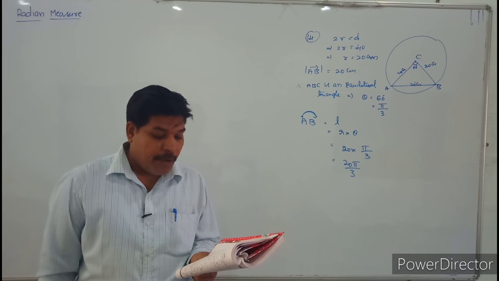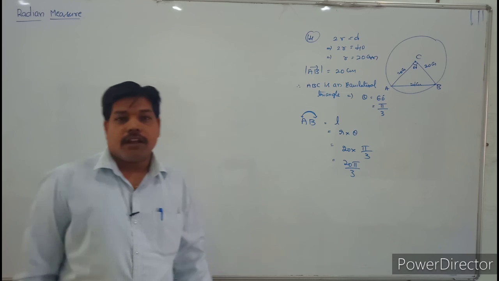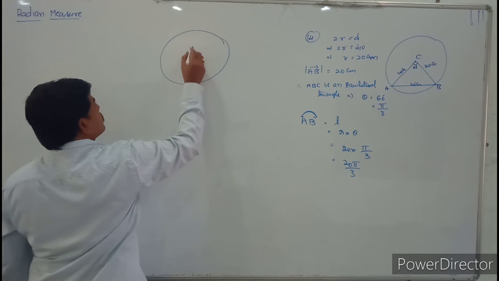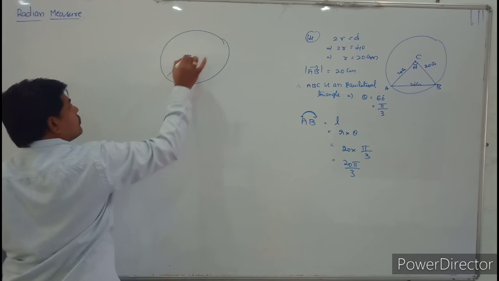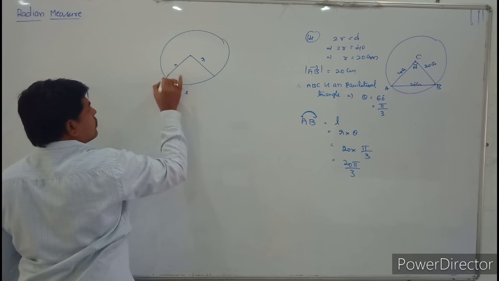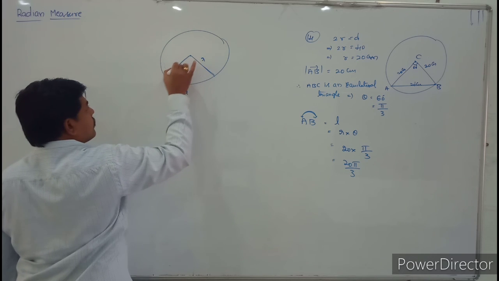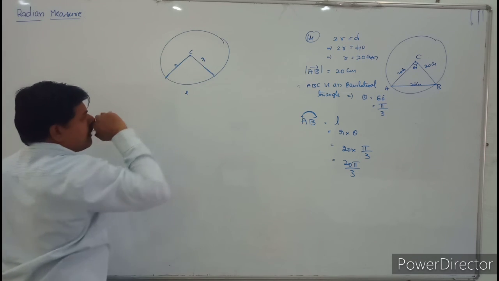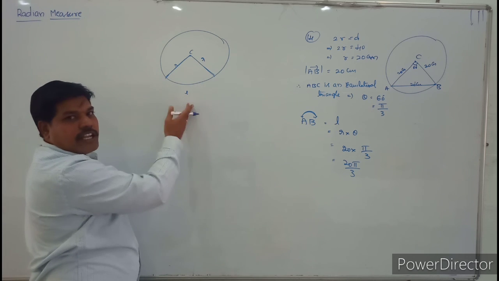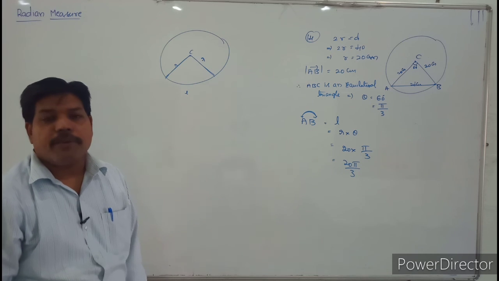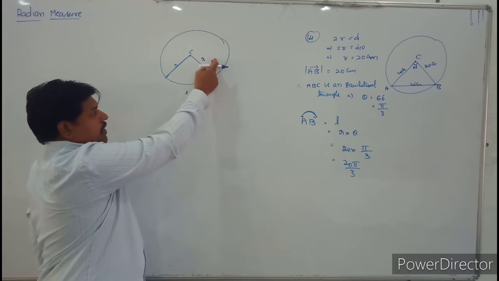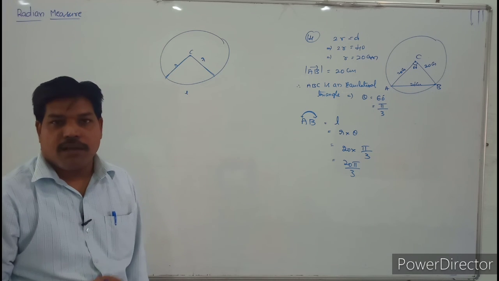Then the perimeter of the sector is... What is the meaning of the perimeter of the sector? R plus L is the perimeter, that is nothing but L plus 2R. L plus 2R is the perimeter of the sector.